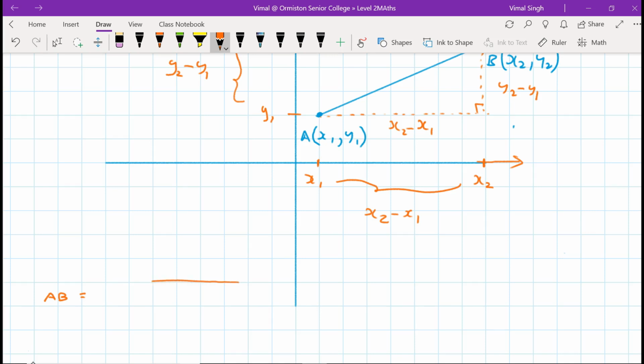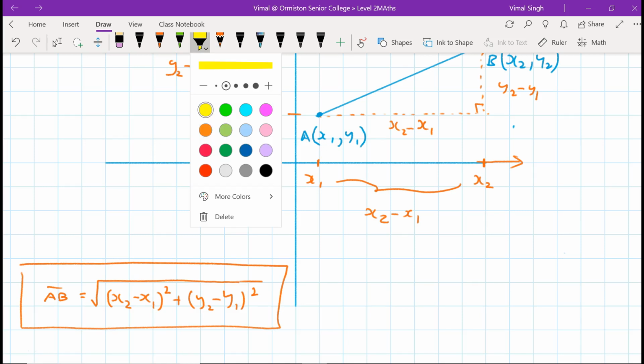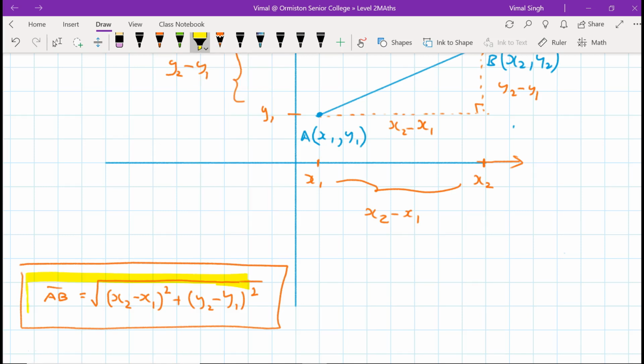I have the square root of x2 minus x1 squared plus y2 minus y1 squared. You need to remember this rule to be able to work out the length of a line segment when 2 points are given to you.